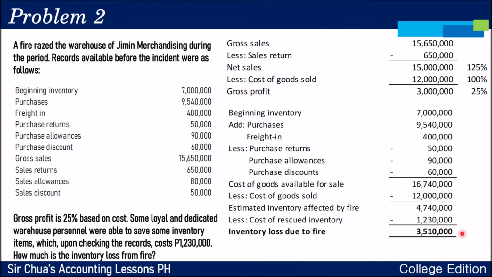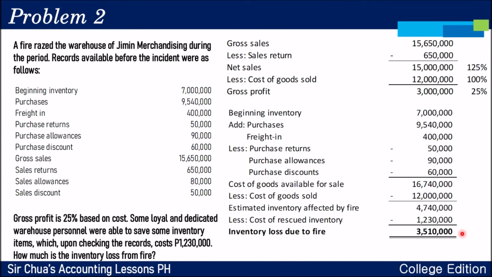Ang estimated na nasunog or na inventory, hindi ganoon eh. Parang nasunog, 'di ba, nagigets nyo ako? Alam ko nagigets nyo ako. Hindi ko lang masabi yung word, no? Pero 'di ba sa mga news report, parang nakakapag-report sila ng estimated amount ng nasunog na inventory, nung nasunog na factory or nasunog na warehouse. Paano kinukuha yon?